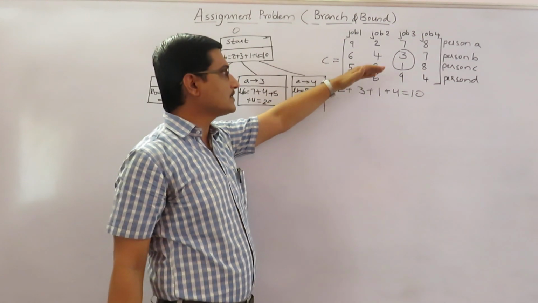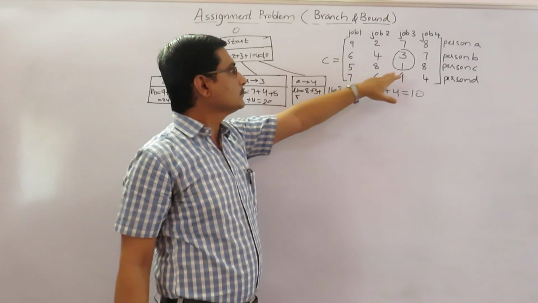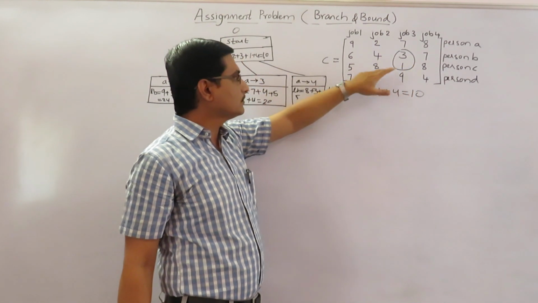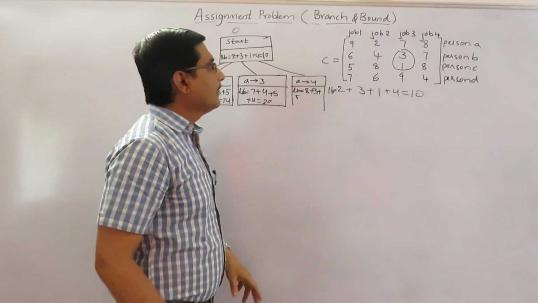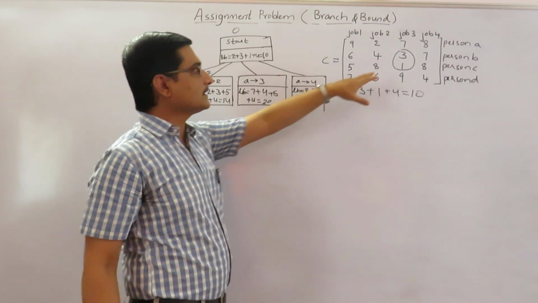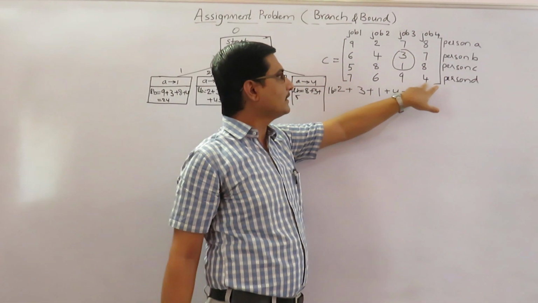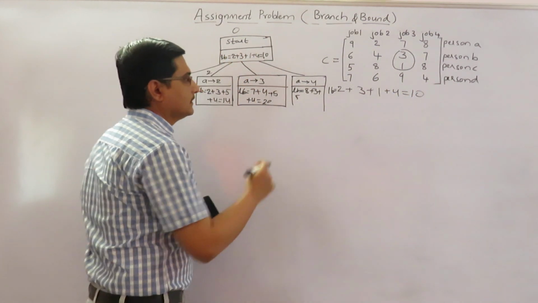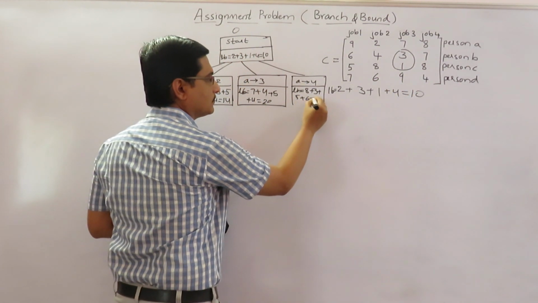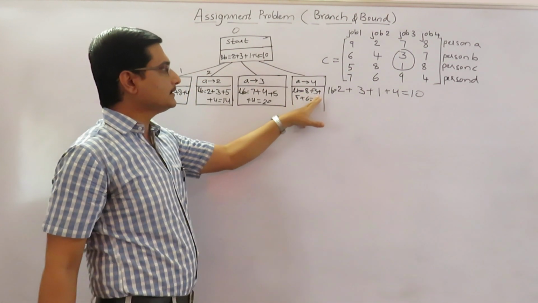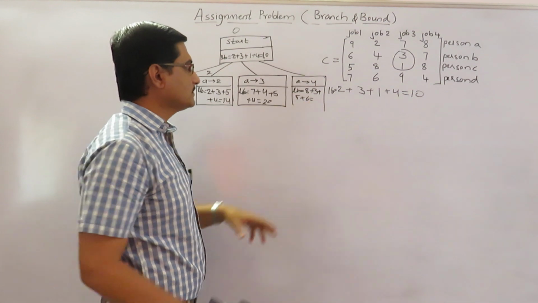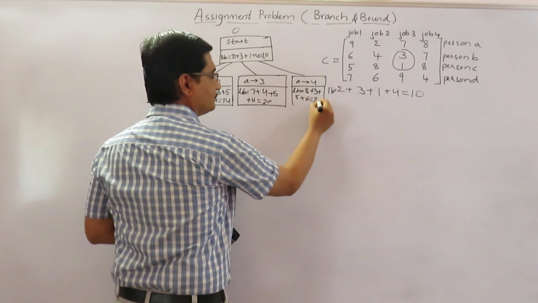Seeing the least value which is not already allotted. Job 3 is allotted, so we cannot take this one. So the next least is 5. And job 4 is assigned to person A, so we cannot take this value. We have to go for some other value. The next least is 6. 5 plus 6. So this is 8 plus 3 is 11, 11 plus 5 is 16, plus 6 is 22.